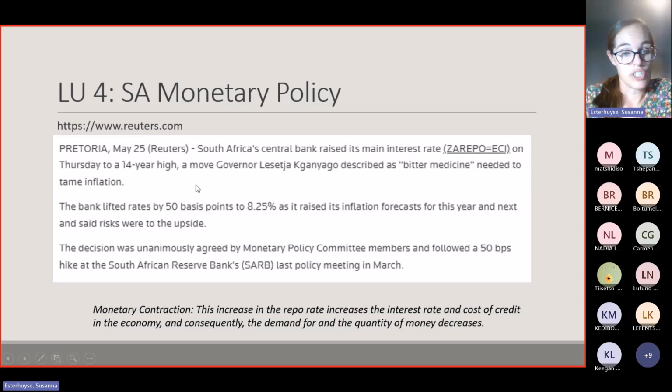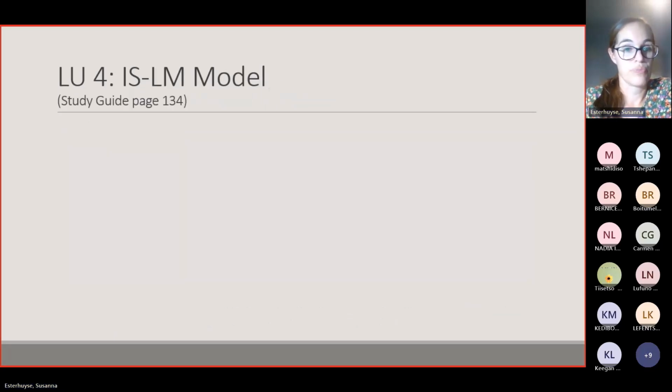This type of decision to increase the interest rate is a contractionary monetary policy, because the increase in the repo rate increases the interest rate and the cost of credit in the economy, and consequently the demand and the quantity of money decreases. And your level of output and income also decreases.